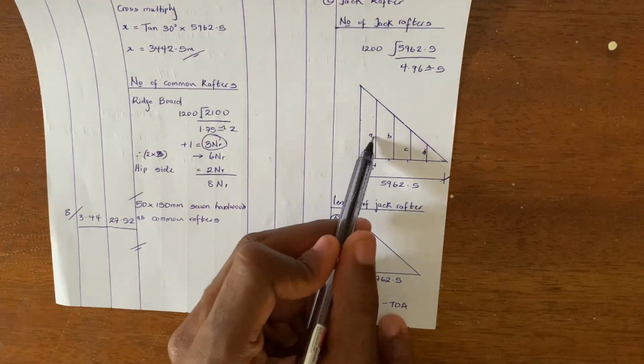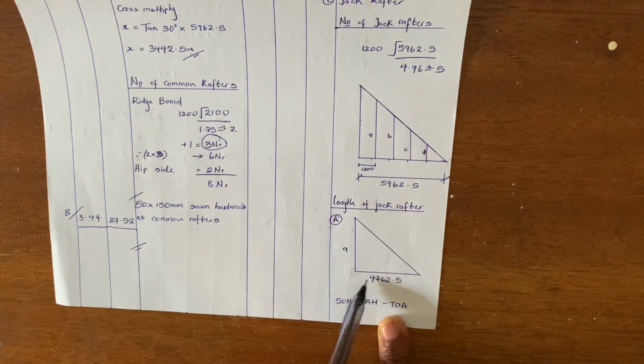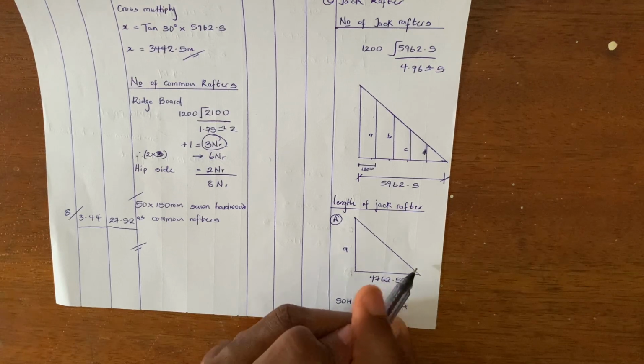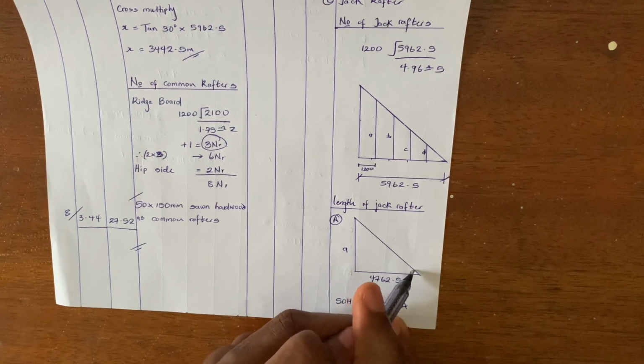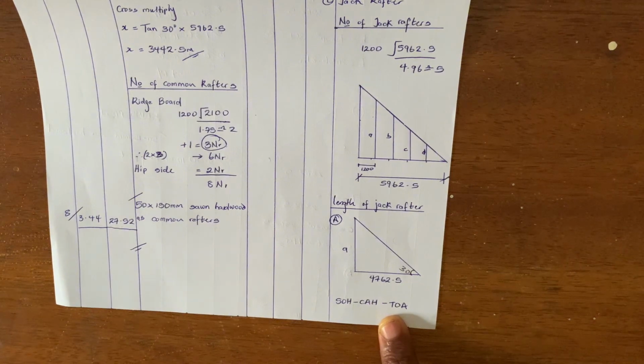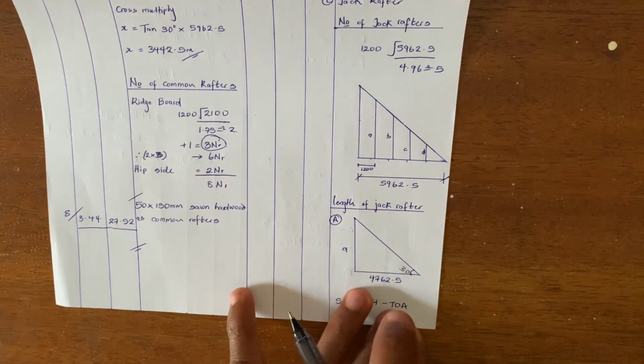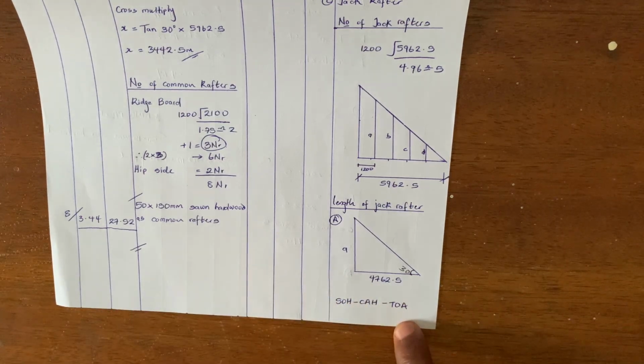A, which is this A, we don't know the distance from here to here, but we know that our angle here is 30 degrees. So all we need to do now is to use SOHCAHTOA, which is sine, cos, and tangent. We know the adjacent side.